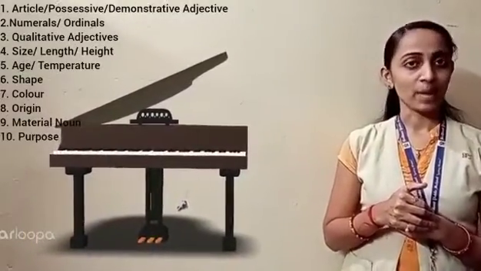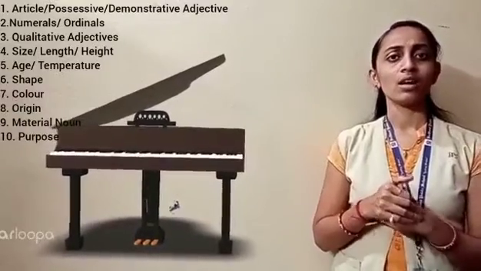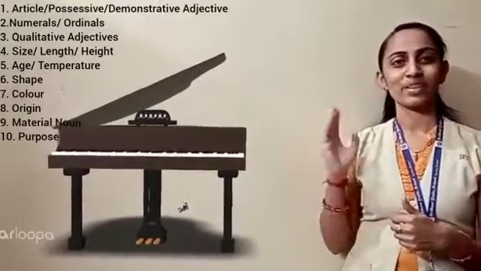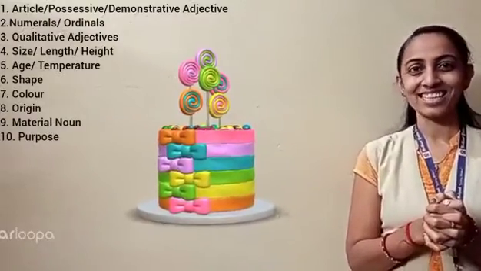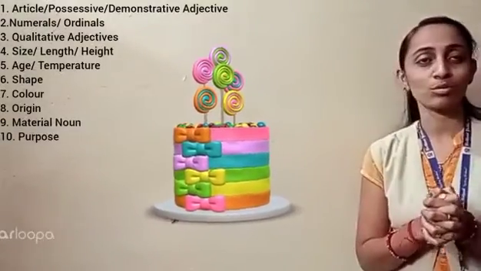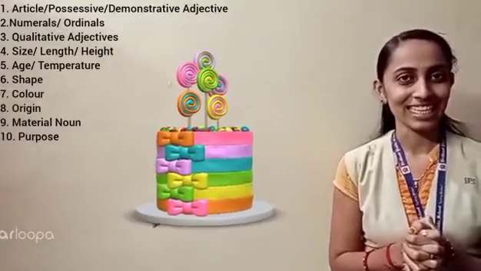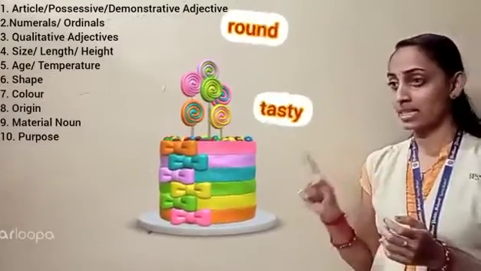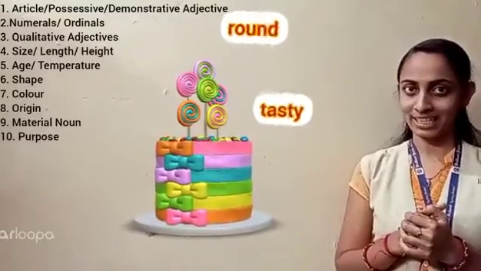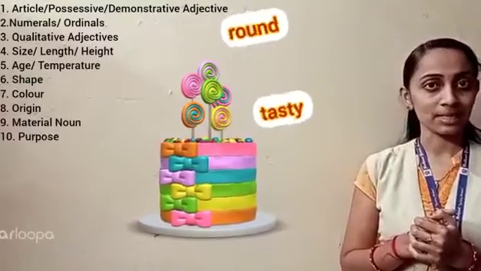Yes. Now let us quickly have a look at the next present. Wow, a cake, right? It looks so yum. And now, without wasting time, let us describe it. It's round in shape, and tasty.